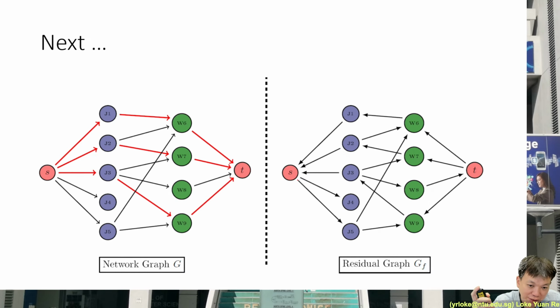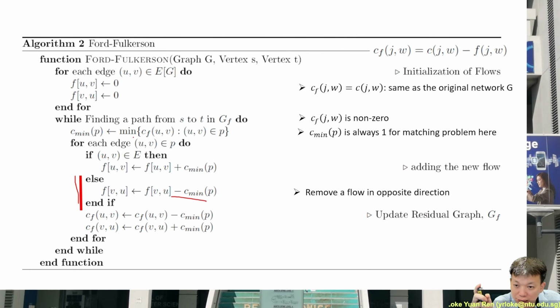When you only have this situation left in your residue graph, you need to make sure that in the algorithm, you are finding the path in the GF. GF is the residue graph. I'm finding the path in the residue graph.